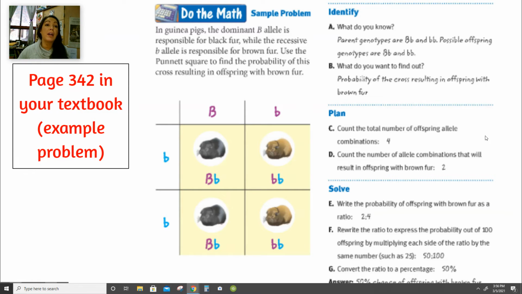We know by looking at my Punnett square, my parents have a capital B, lowercase b, and then lowercase b. So I have a heterozygous parent and a homozygous recessive parent. And what are we trying to find out? We're trying to find out what are my probabilities of different color offspring in guinea pig fur. So I'm going to count the total number of offspring.